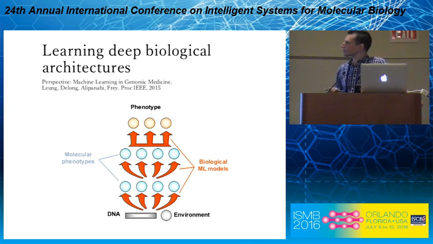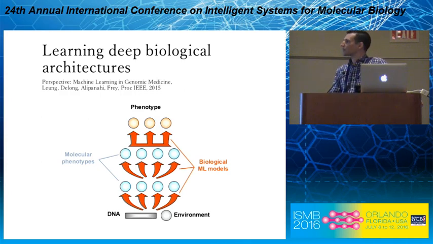So what's needed is that we build what we call deep biological architectures, because we cannot predict a disease directly from a genotype. We need in between these models that predict molecular phenotypes, like protein binding, gene expression, alternative splicing, and so on.